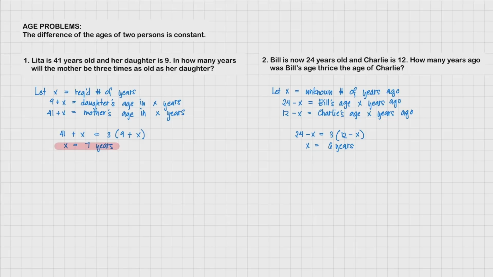So checking. 6 years ago, Bill's age would be 18 and Charlie's age would be 6. So we can now confirm: 18 is 3 times 6, right? So it would be 6 years ago. So that's the final answer for example number 2.